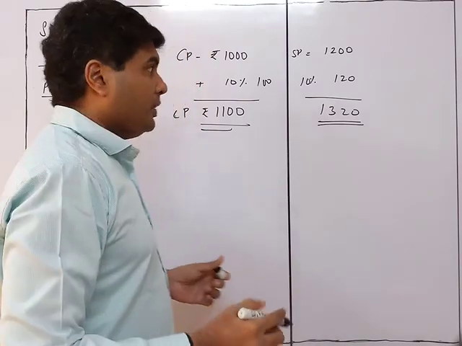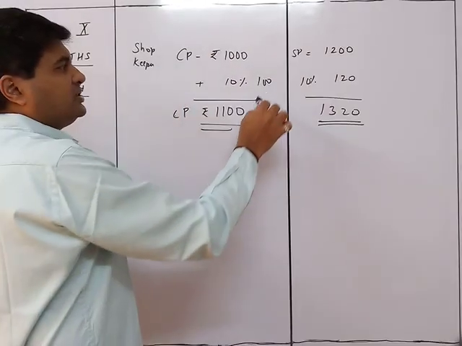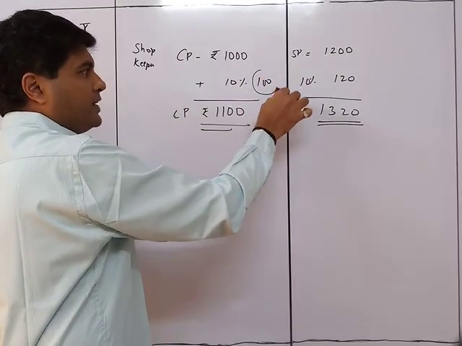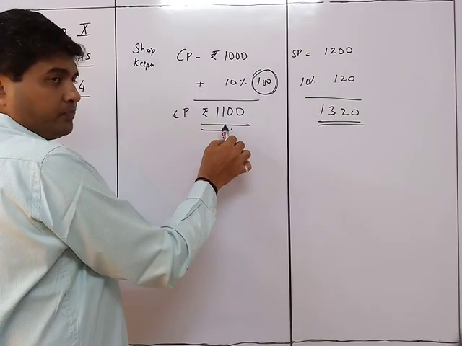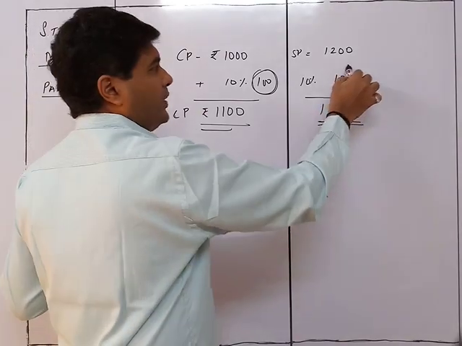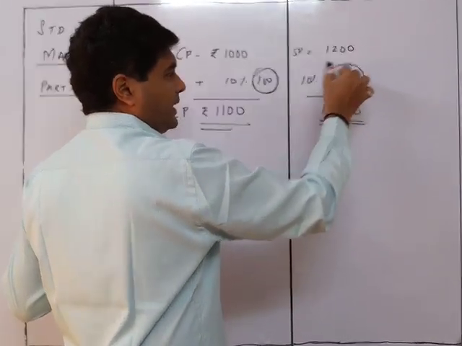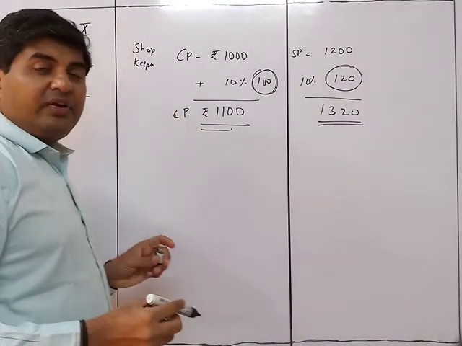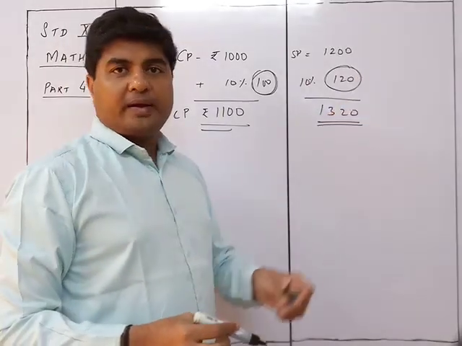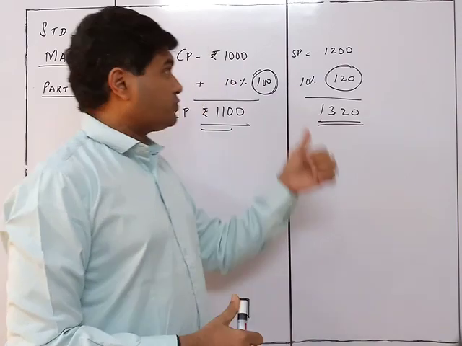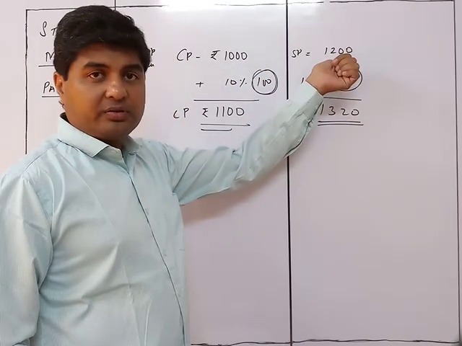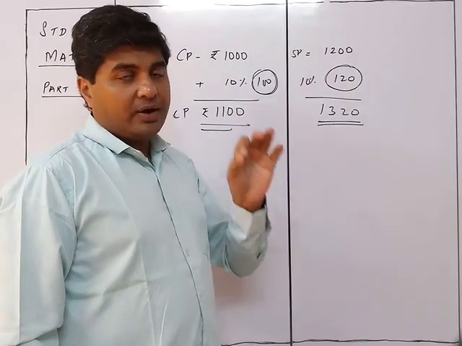So if we consider this, he has already paid 100 rupees as taxation while buying the product, and he is going to collect 120 when he is selling the product. If he needs to give this also to the government, then the government is getting a huge amount of money just in a small transaction of 1,200 rupees.